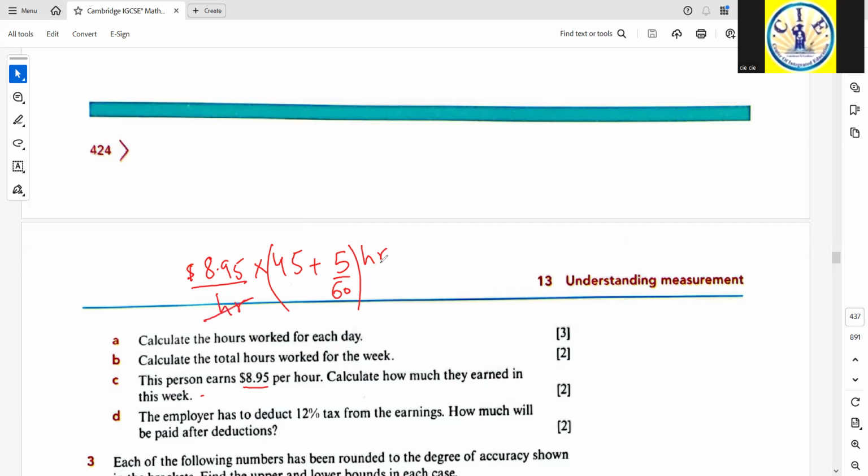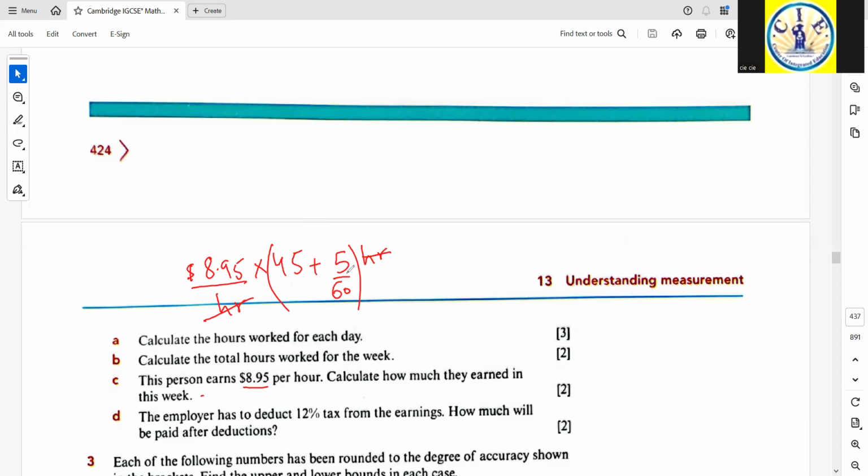So we can cancel out this hour. So when you multiply this quantity with 8.95, we are going to have an answer for the earning of the whole week. That would be in dollars. So 5 divided by 60 is 0.08.